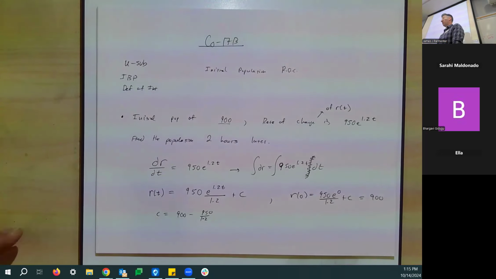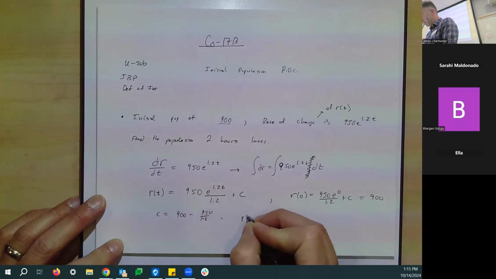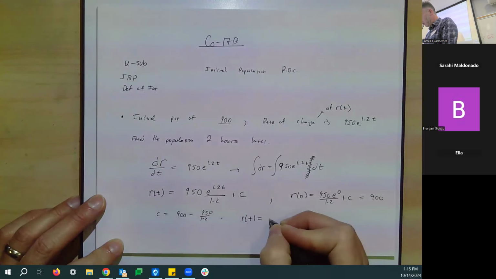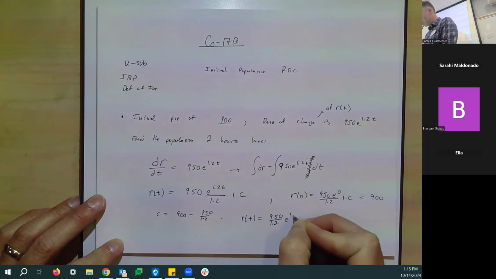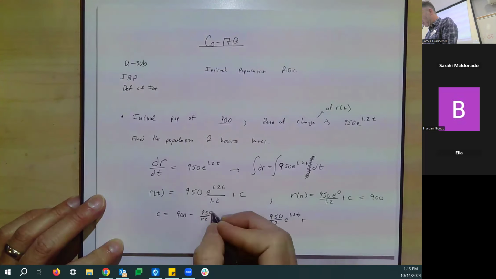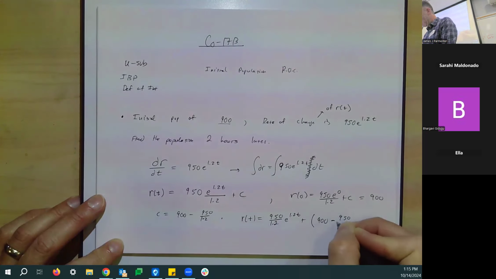You could use a calculator, or just leave it as is. So we have that R of t equals 950 over 1.2 times e to the 1.2 t plus this gross c number, 900 minus 950 over 1.2.